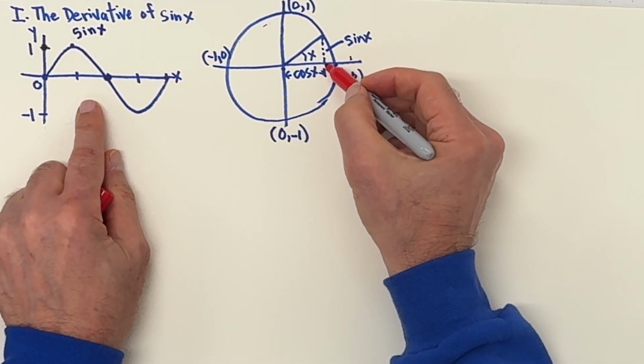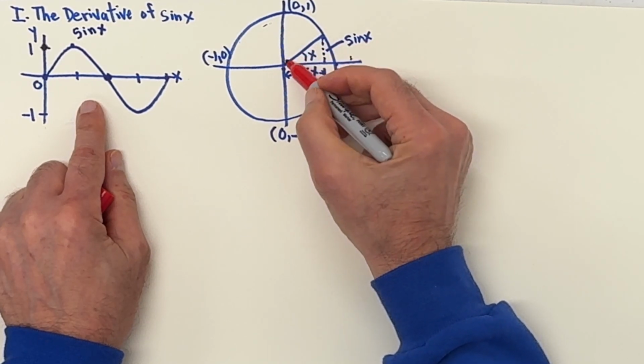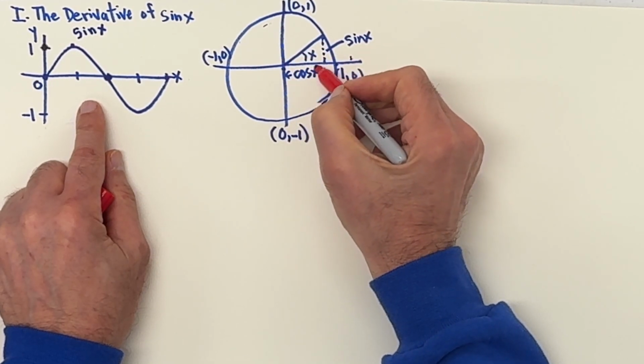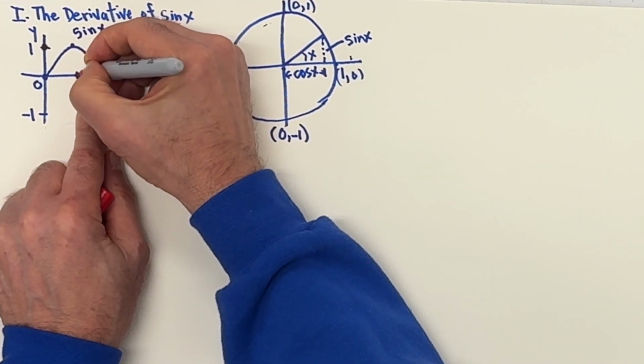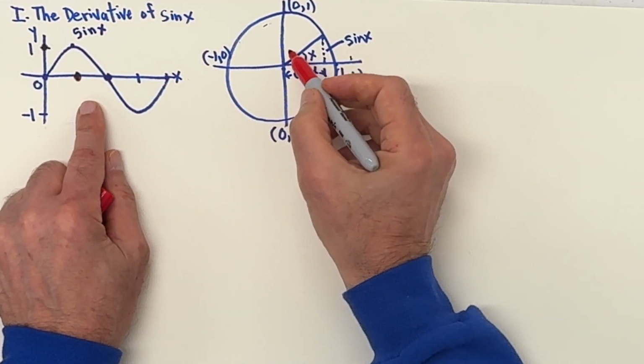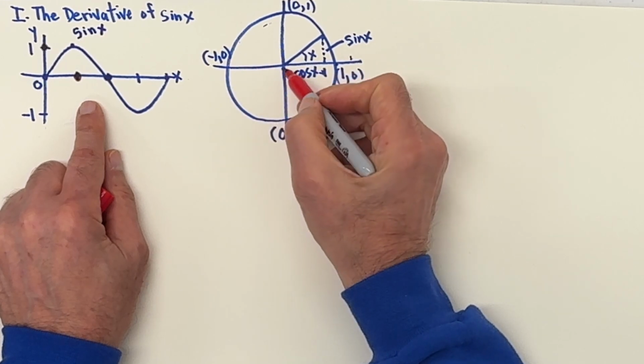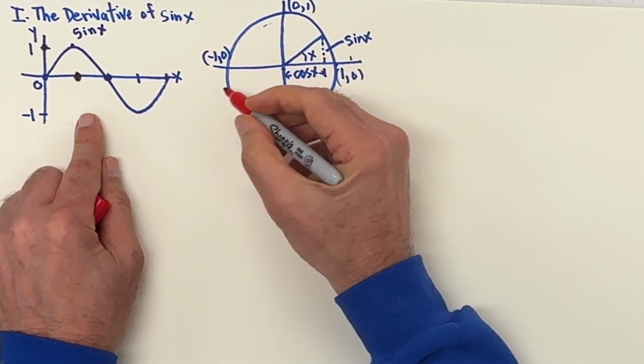When you have 90, the cosine will go to 0, so it'll be down here. And then as you swing over here, the cosine is going to be -1.